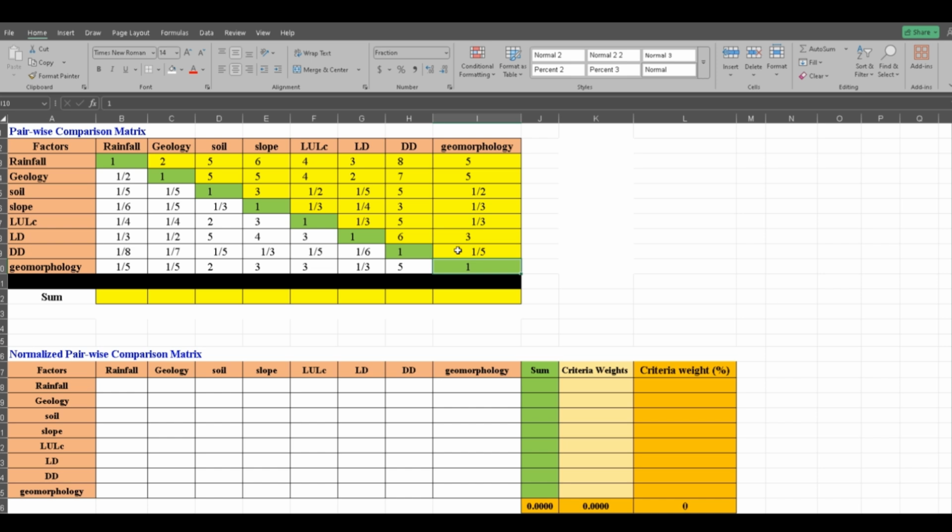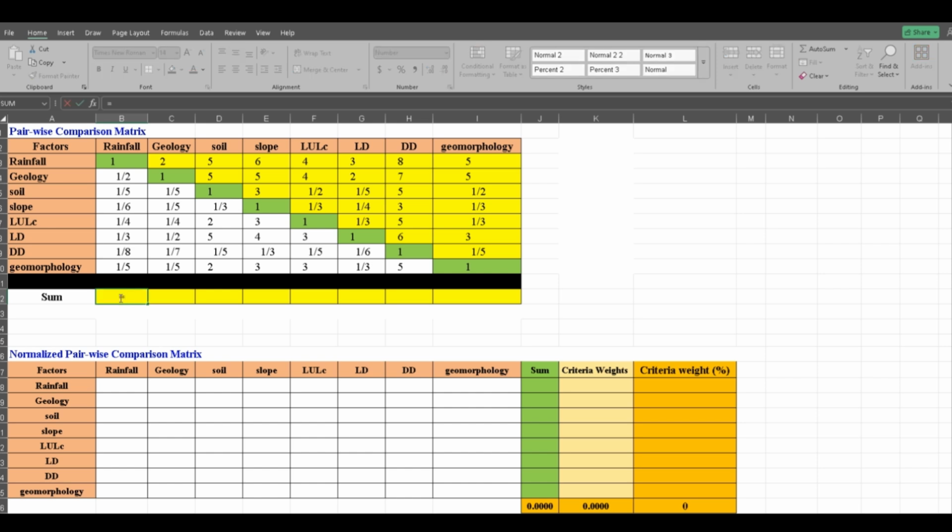Now, we have assigned a Saaty scale value for each criterion under the pairwise comparison matrix. The next step is calculating the sum of each column in order to calculate the criteria weight under the normalized pairwise comparison. We have to calculate the sum of each column.